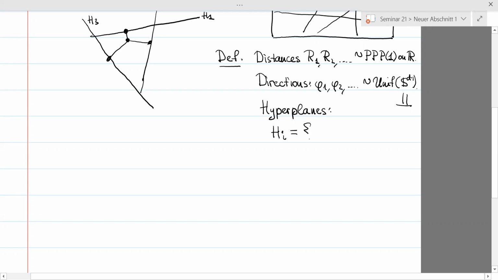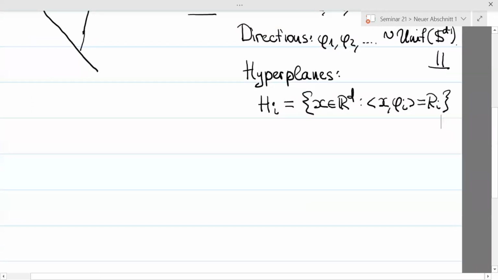H_i is the set of all x in R^d such that the scalar product of x and phi_i is equal to R_i. And the distance of this hyperplane to the origin is then the absolute value of R_i, and the direction is given by phi_i.